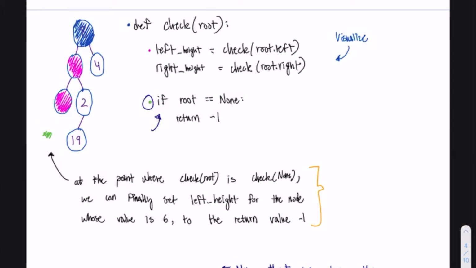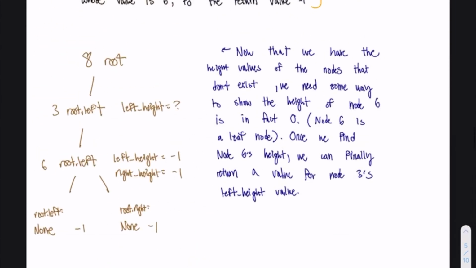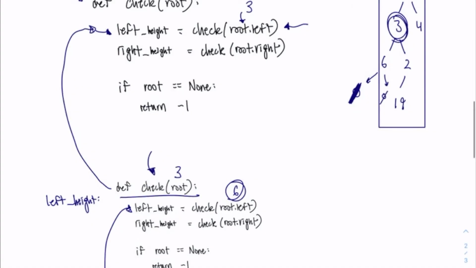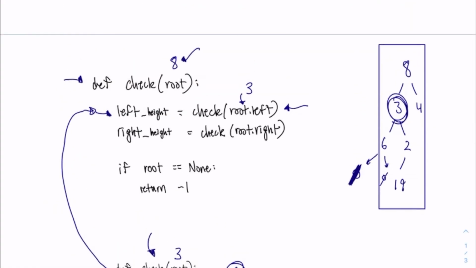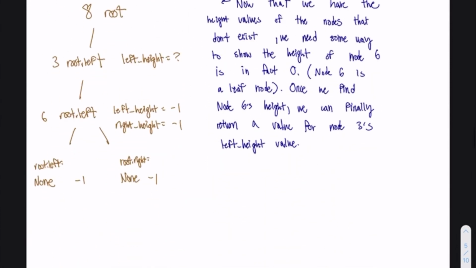Okay, so now that we have this in place, we can move further and explore what happens when we don't have a leaf node. In other words, how do we compute the height if the node isn't 6? We do this by running the formula for finding height, which is 1 plus max of left height and right height.